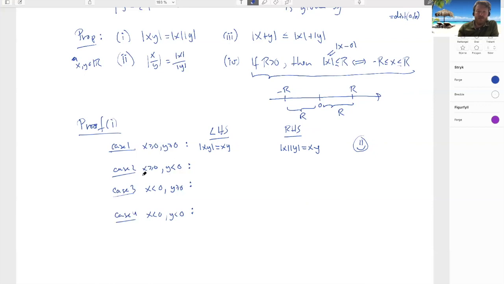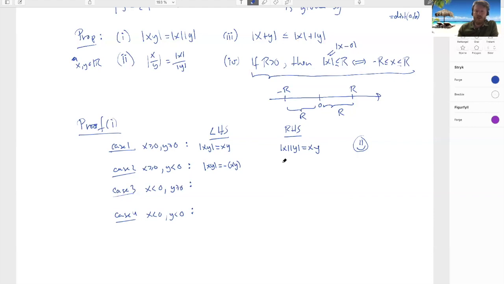What happens here? Well, if x is positive and y is negative, then the product will be negative. Well, if x is 0, then the product will be 0. But in both cases, the result of this will be minus x times y. What about the right-hand side?